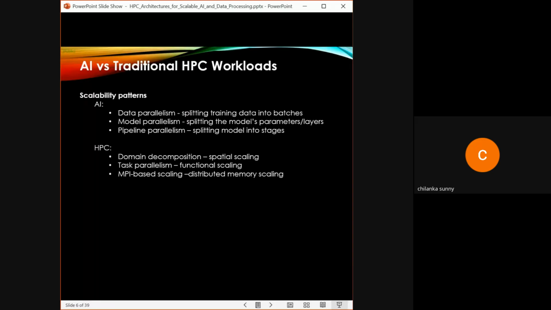In task parallelism, what we do is the functional scaling. Different processes perform different tasks rather than the same one. For example, in a multi-physics simulation, one set of processes can handle, let's say, the fluid flow, while another computes the heat transfer. It's called functional scaling because parallelism comes from splitting the functions or tasks instead of data.